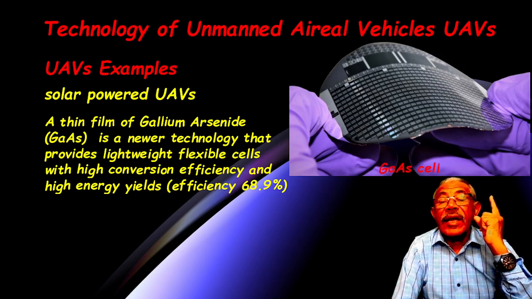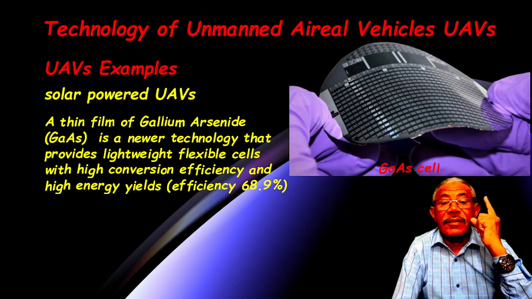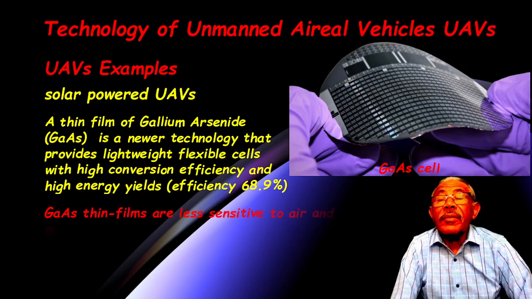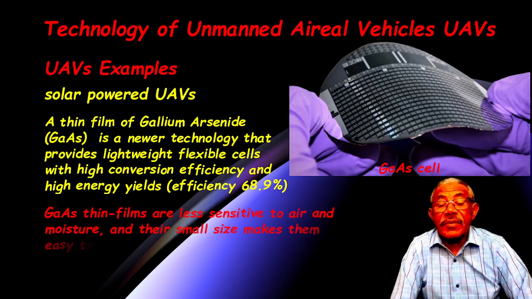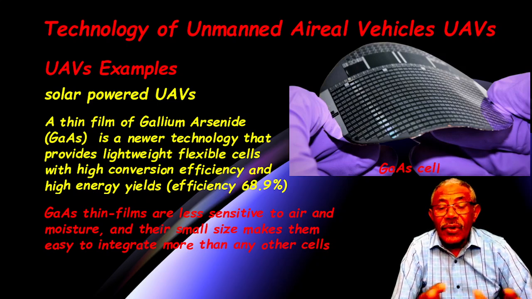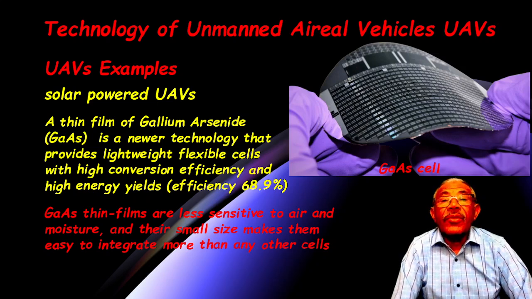This is the gallium arsenide thin cell. Gallium arsenide thin films are less sensitive to air and moisture, and their small size makes them easy to integrate more than any other cells.